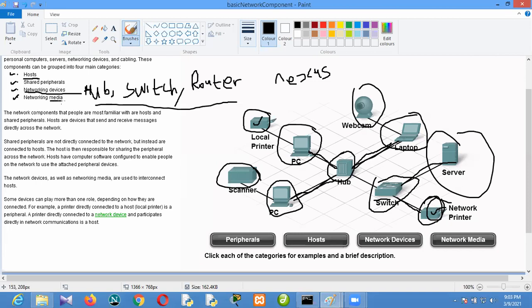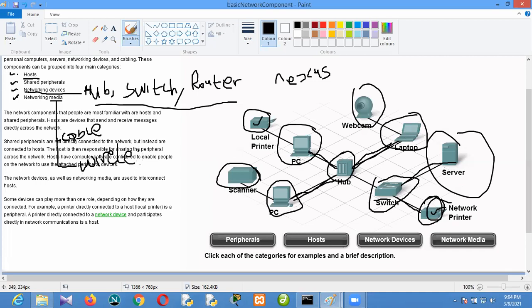Media is just the means through which data are propagated from one end to another end, or from one point A to point B. And the media can either be cable, or wire, and wireless. Wired and wireless.